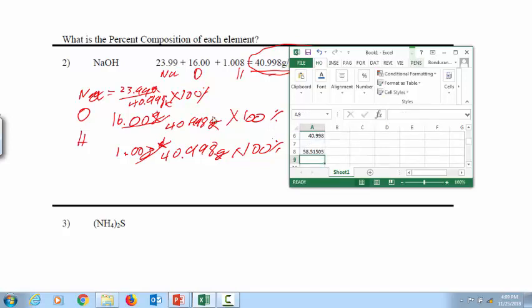And that's sodium. I'll just write it down. Now let's do oxygen. Oxygen, we have equals 16 over, and I know it's 16.00, but with Excel it assumes an infinite number of zeros.